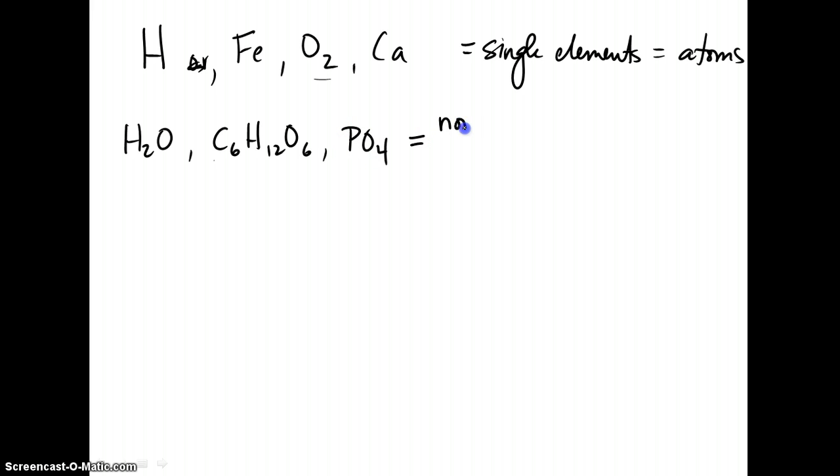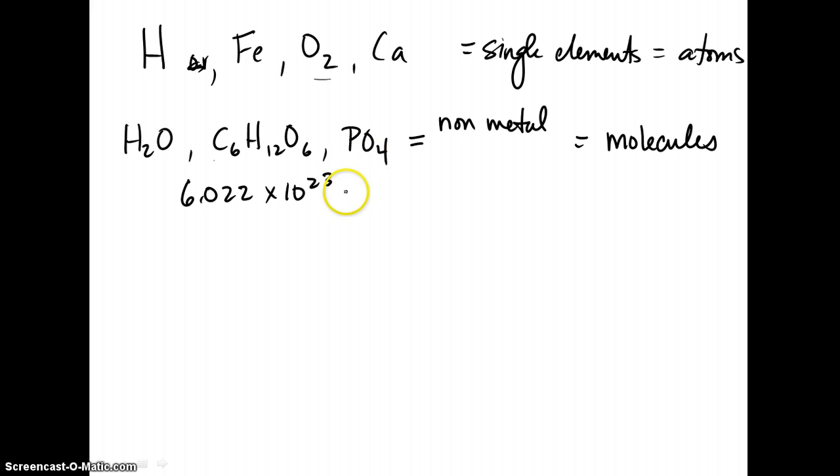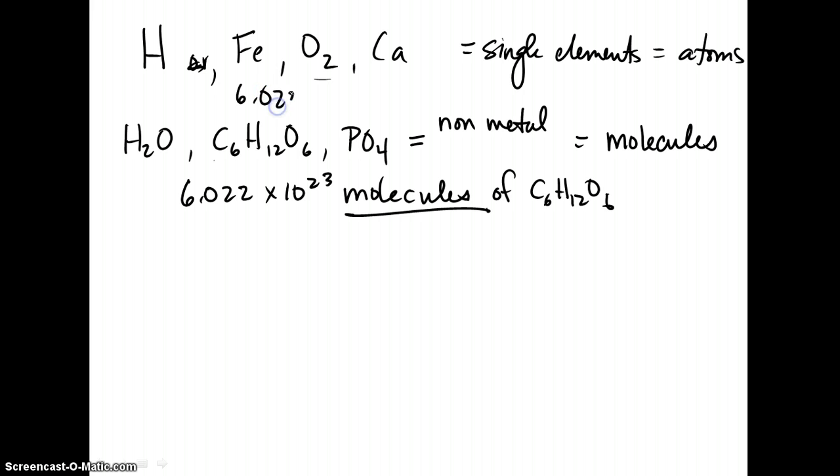So when you have elements that are nonmetals combined together, we call those molecules. So this would be 6.022 times 10 to the 23rd molecules of C6H12O6. This, on the other hand, would be 6.022 times 10 to the 23rd atoms of calcium.